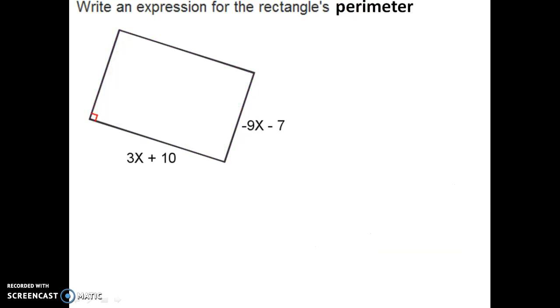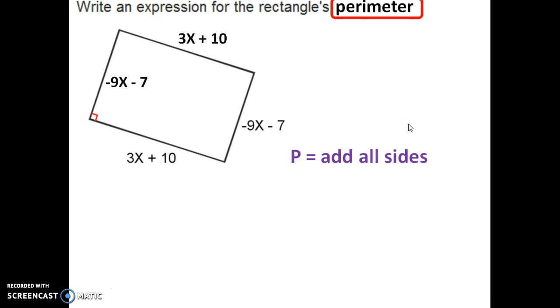Let's take a look at finding an expression to represent this rectangle's perimeter. You should remember that perimeter is when we add up all the sides. So remember about rectangles that the sides that are opposite one another are congruent. So we can actually fill in the values for our unmarked sides here.